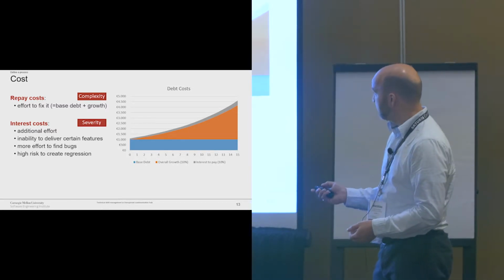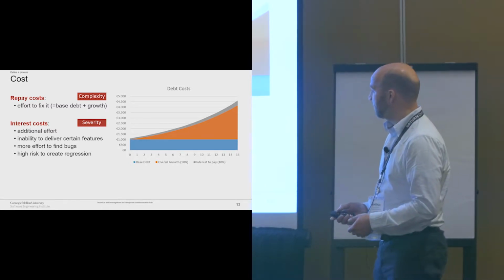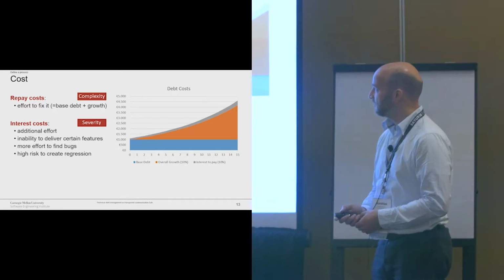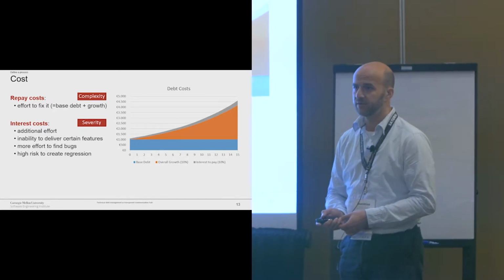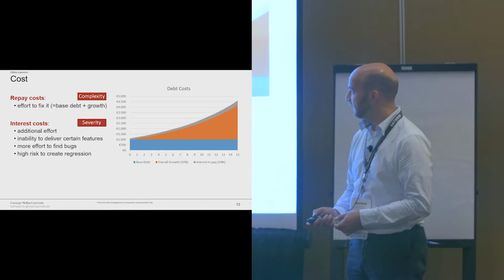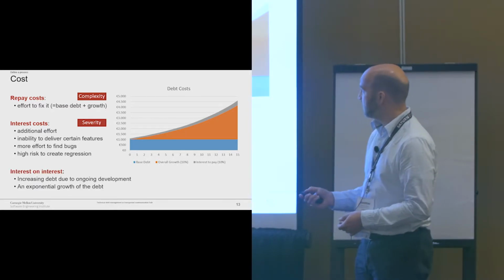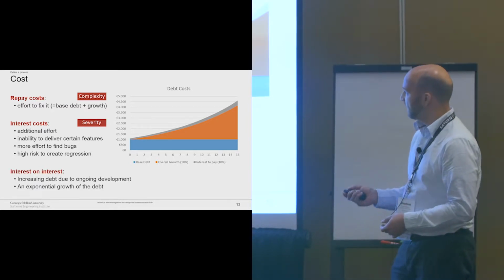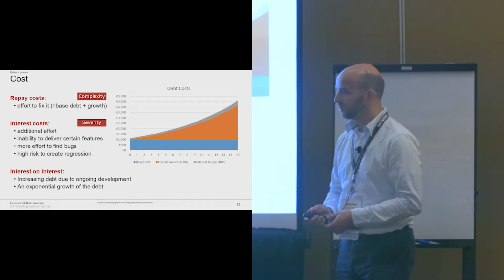And number three is the most critical thing, but also the most challenging to communicate about. That's the interest on the interest. That's the orange part, increasing the debt due to ongoing development.